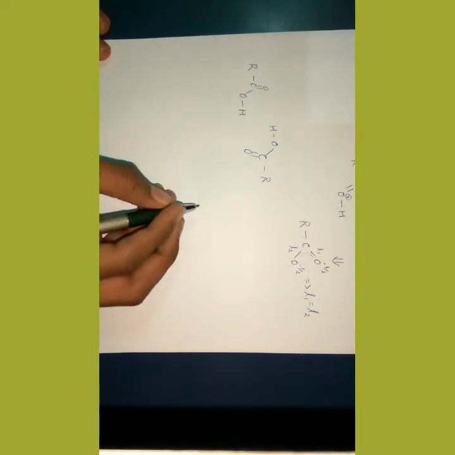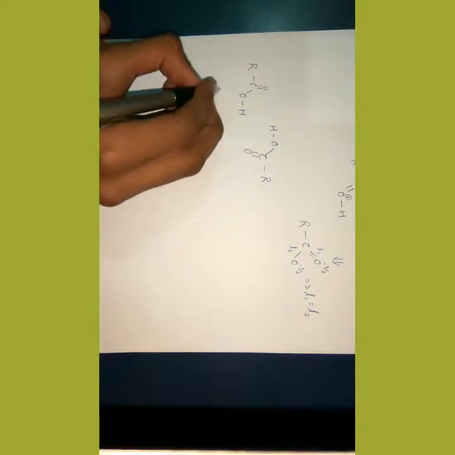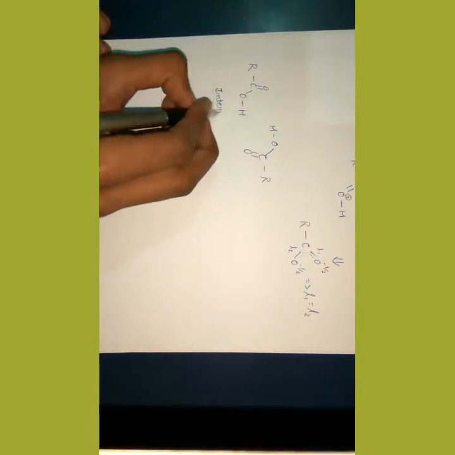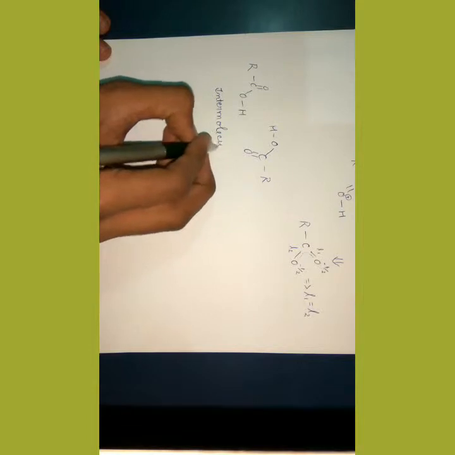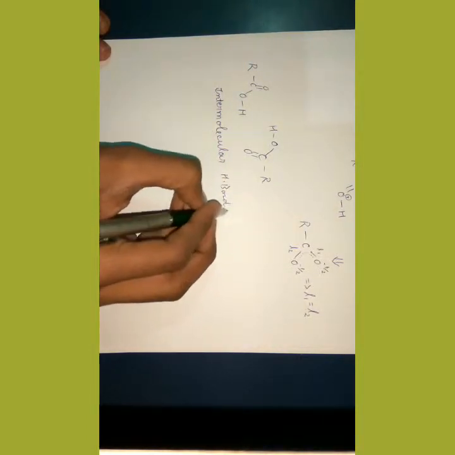Now look, these are two carboxylic acid molecules, and these are two different molecules, so intermolecular hydrogen bonding will take place. It will take place like this between these two, hydrogen and oxygen. Since these are two different molecules, that's why over here it is intermolecular hydrogen bonding, and intramolecular hydrogen bonding occurs within the same molecule.